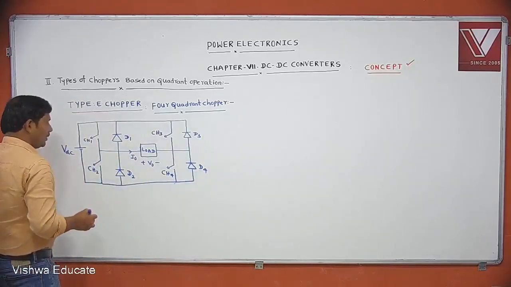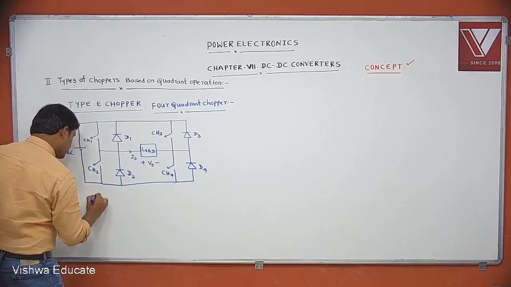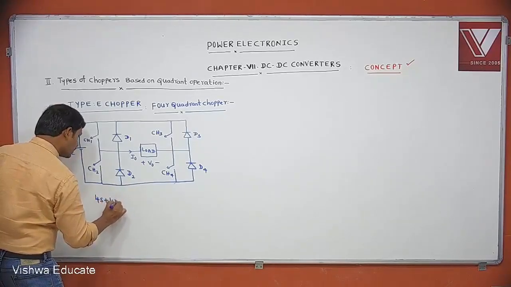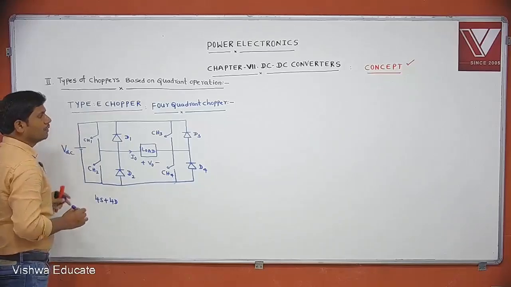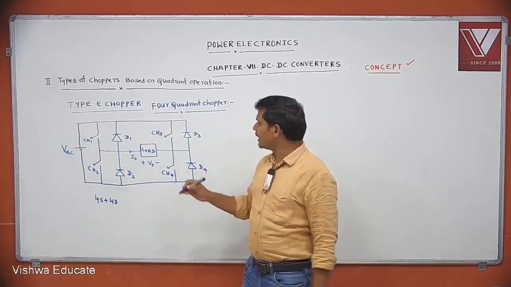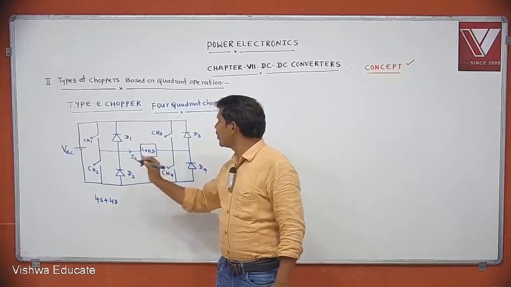Type E chopper consists of how many switches and how many diodes? 4 switches plus 4 diodes. This is the assumed current direction. This is the assumed voltage polarity.